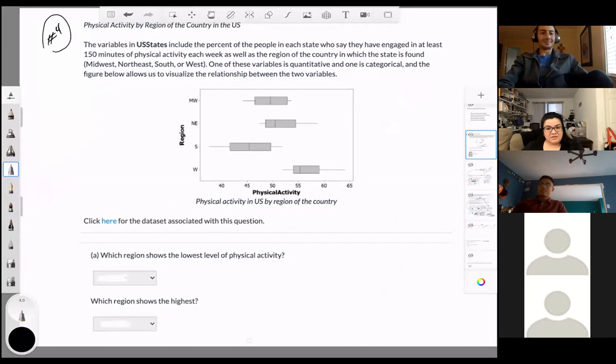So we have 4 box plots, correct? I don't want you guys to freak out over all the information. I know sometimes they give us a paragraph.